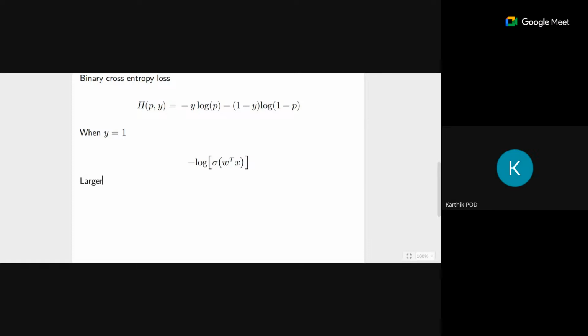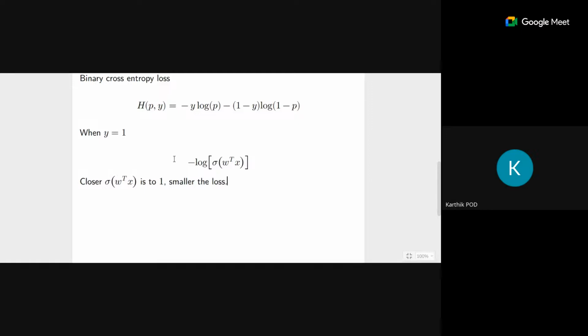This is your predicted probability. Better to say, the closer sigma of W transpose X is to 1, the smaller the loss.